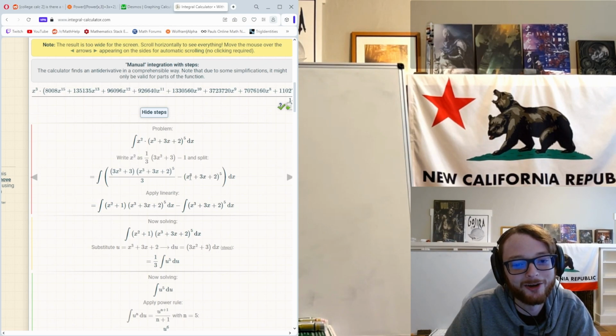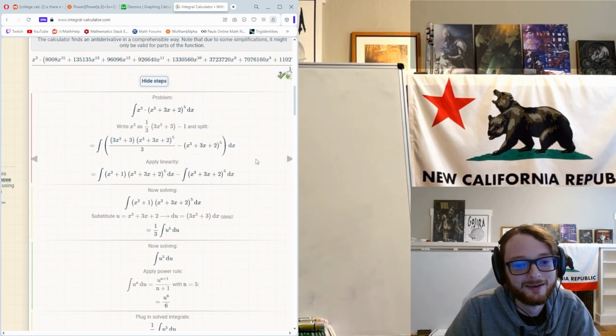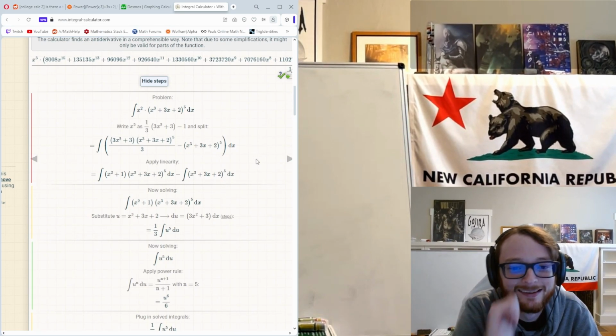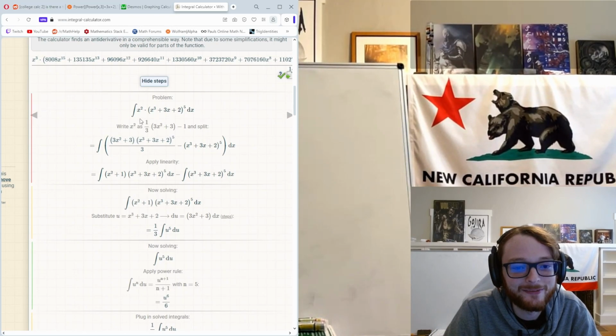Oh my god. Wait, what the heck is this? They say that x squared is equal to 1/3 times (3x squared plus 3 minus 1), which is true.